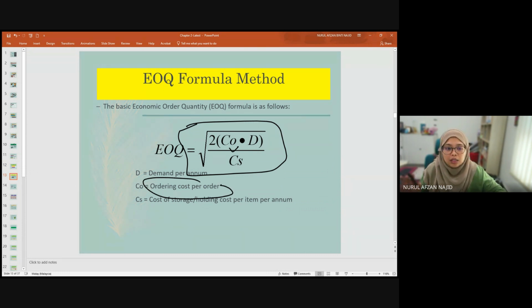Dia bukan total ordering cost. Some of the question, dia akan bagi total ordering. So bila total, you kena pastikan you dapat dalam bentuk per order. So you kena convert lah benda tu.